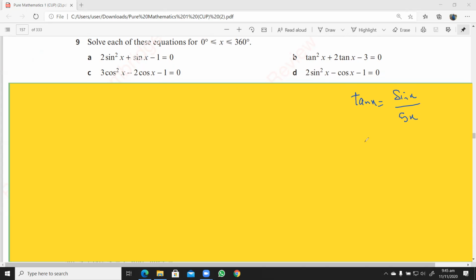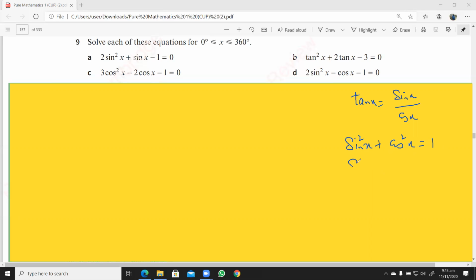And I also have told you that sin square x plus cos square x is equal to 1. Have I told you about this? I have. From this, this is called an identity, that this is always true. Whatever the value of x you put into this relation, your result will always be equal to 1. You can check this.